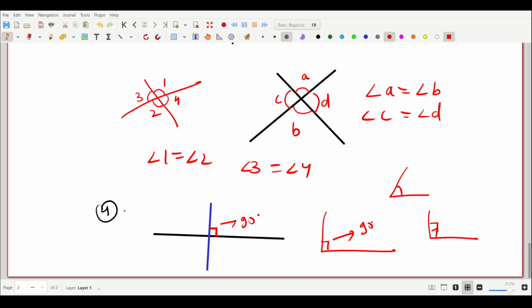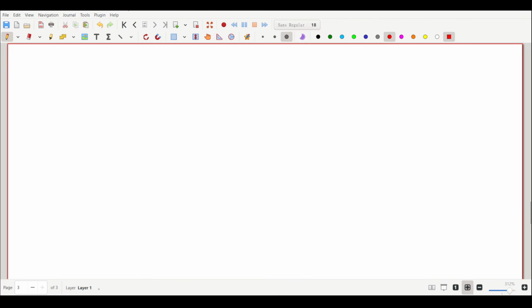So how will you solve the questions in geometry? I'm showing you an example this time. The question can be asked as: three angles meet at a point.